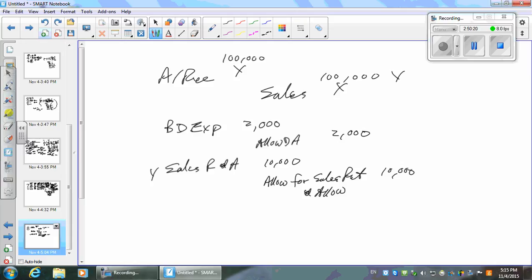Okay? What do people usually do on sales discounts? Do you want to know how much sales discount you're giving to people, or how much sales discount they did not take, that they could have taken? We usually want to know how much we gave them because it's a cost to us. So which method do we use, gross or net? Which one shows us the sales discounts that were taken?